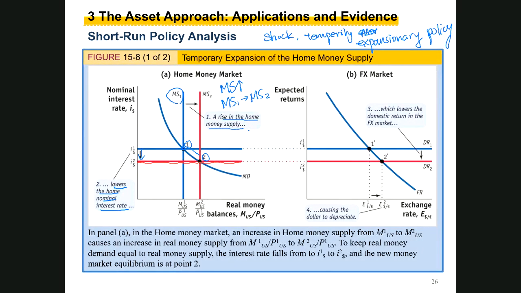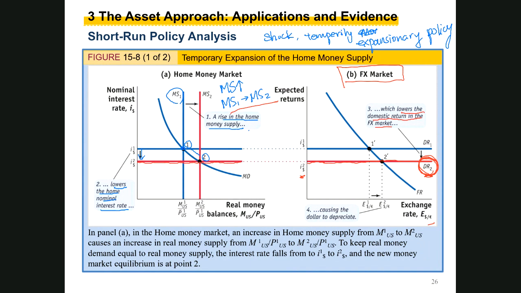Okay, and if you go to the foreign exchange market, this becomes the supply of the foreign exchange, right? So DR2 is the new domestic return after the shock. So lower the domestic return in the foreign exchange market, right? So what happened for the investors or the foreign currency holder or the actors, the buyers and the sellers in a foreign exchange market?